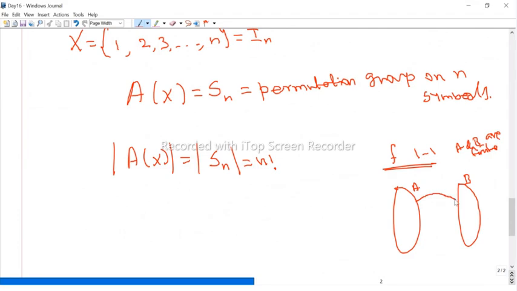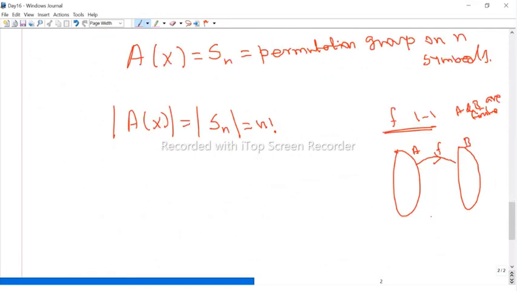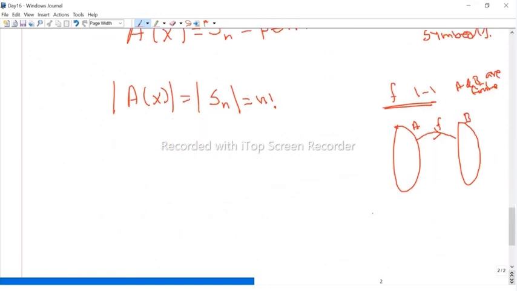Suppose f is a function from A to B. Then f can be one-one provided the cardinality of A is less than or equal to the cardinality of B. If the cardinality of the domain is less than or equal to the cardinality of the codomain, then it is possible to define a one-one function.